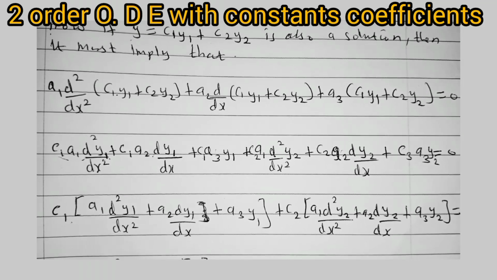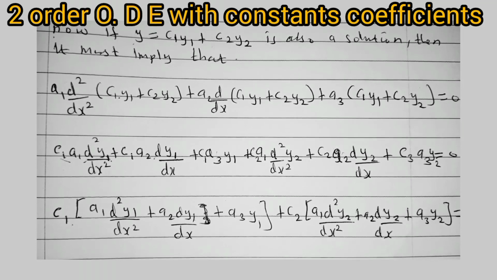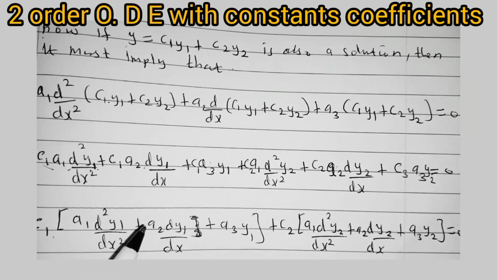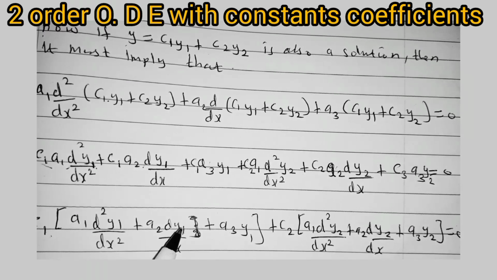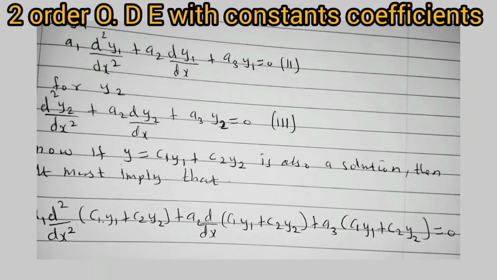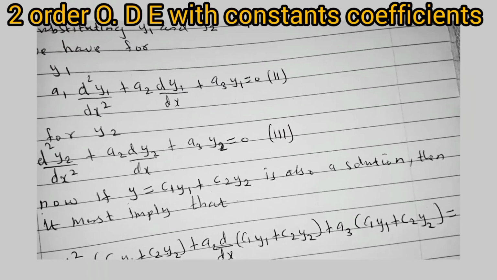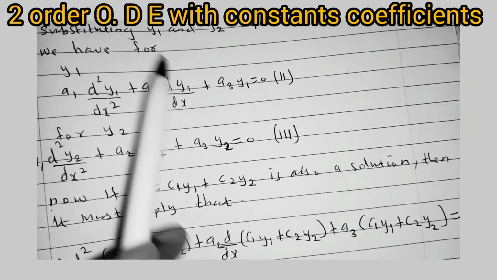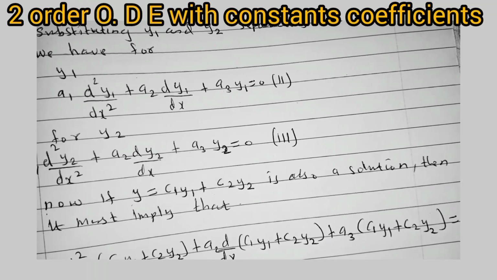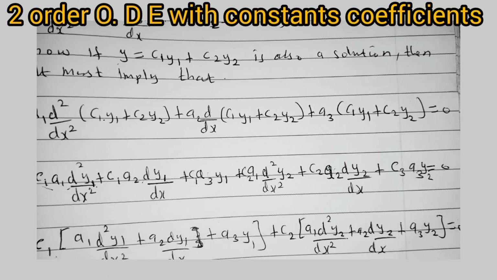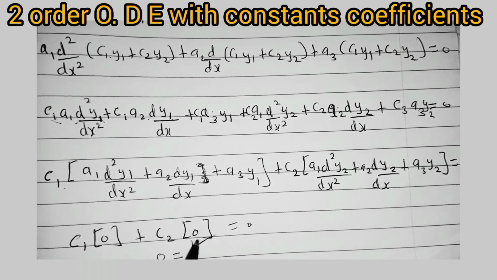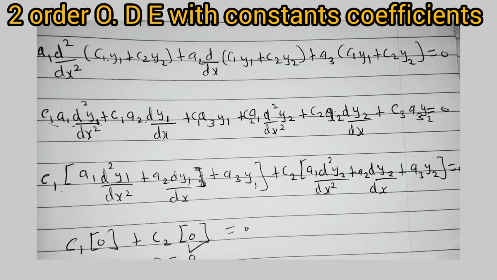Going back to equations 2 and 3, this part is equal to 0 and this other one is equal to 0. So all this part is equal to 0 and all this other part is equal to 0.